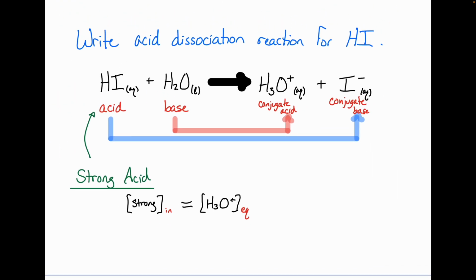Okay, so then let's finish this problem off here. You're going to calculate the pH of a, say, 0.0463 molar solution of HI.